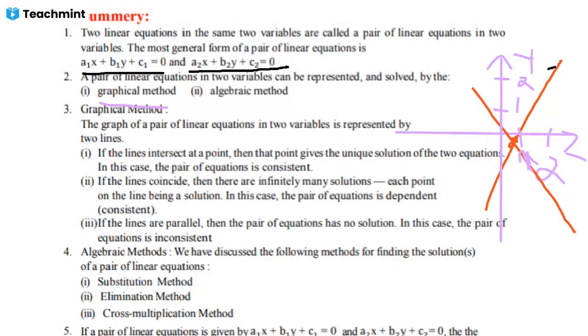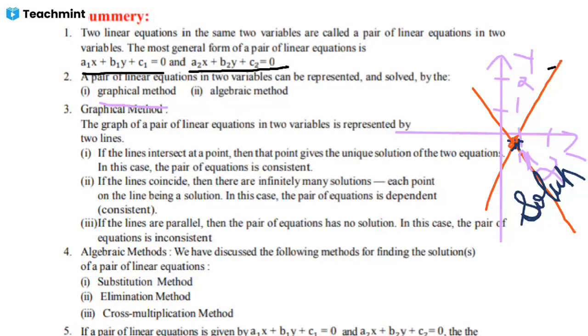Unique solution means the point of intersection. The point of intersection of the two lines is the solution of those two equations. So this is for the first one: when two lines of a graph intersect, the two lines have a unique solution.